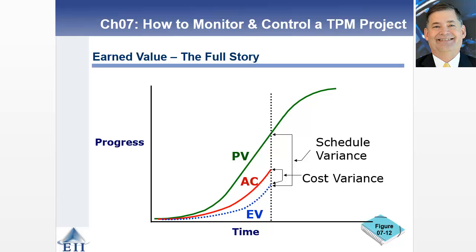So again, if you start to map that out, you can see where those lines are at different points. In this case, you're taking your PV, AC, and EV over time, mapping it out, and you can see now the schedule variance and the cost variance associated with your particular project. All right.